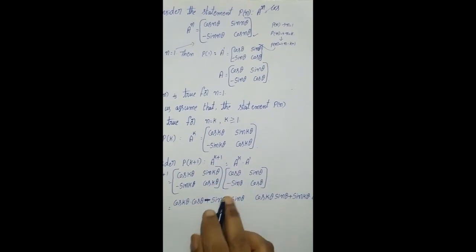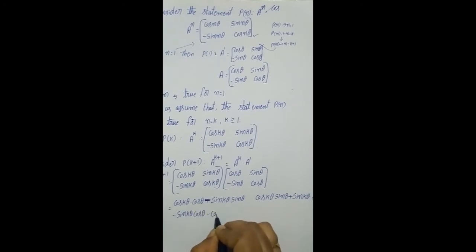Next, minus sin k theta into cos theta minus cos k theta into sin theta.